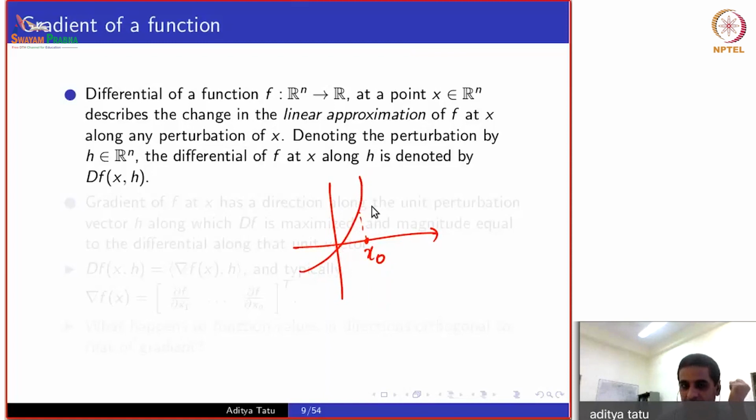It's definitely not linear, but I want to approximate the value of the function around this point as a linear function. Geometrically, what you are trying to do here is draw a straight line, a tangent line. This tangent line described as a function is what is called the differential.